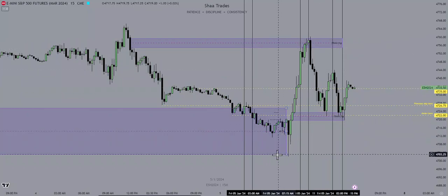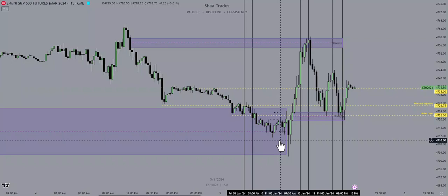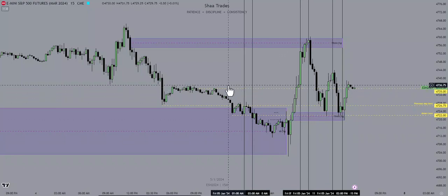For the long term, the 4-hour fair value gap was my long-term draw on liquidity, so that's why that is on there. Normally, I just use the 1-hour or 15-minute chart, and then I go down to the 3, 2, 1 for my entries.